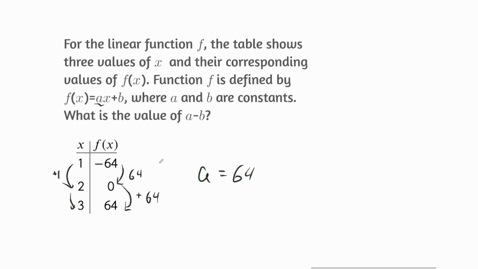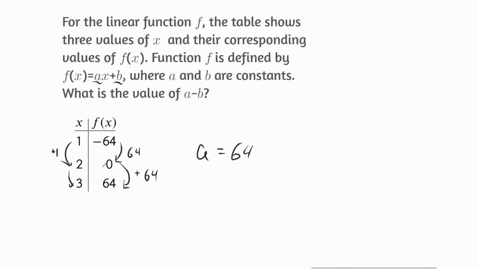This is how you quickly can identify a value, and now you need to quickly identify the b value. The easiest way is to look at when the function equals 0. So your f of x equals 64x plus b, right? This is what we know.